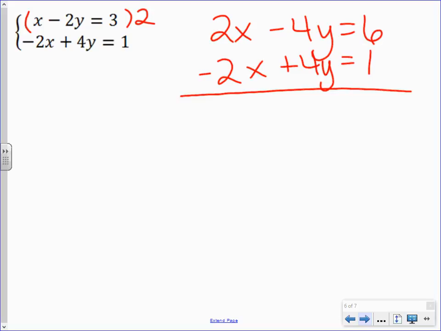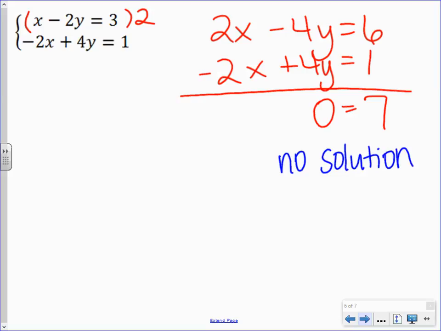Some of you already see what is going to happen. Please still write down your work. Some of your work is kind of proof of what's going on here. What happens? The x's cancel and the y's cancel, but we get 0 equals 7. Is that a true statement? It is not. So this is what it looks like algebraically when we have no solution.